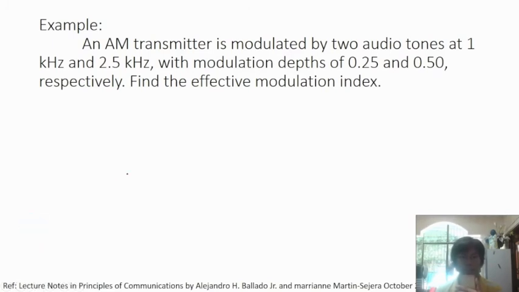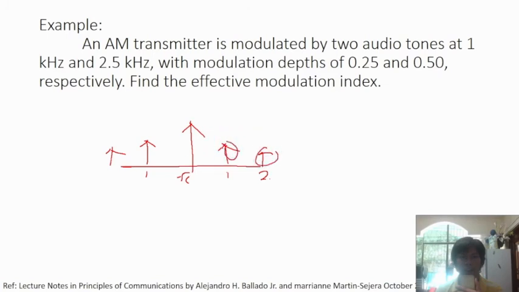To visualize this, we have the diagram: carrier frequency, sideband frequencies, and our first audio tone will be 1 kHz, which will be here, and this is where 2.5 kHz lies.